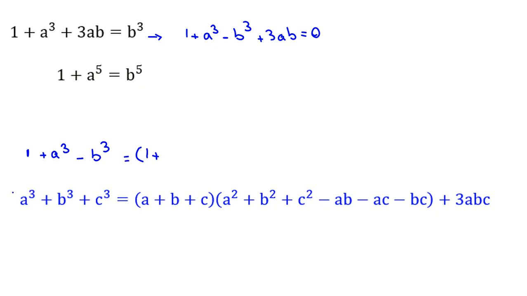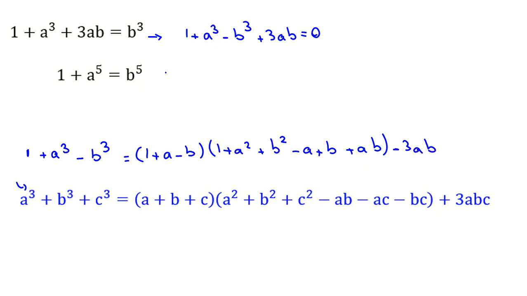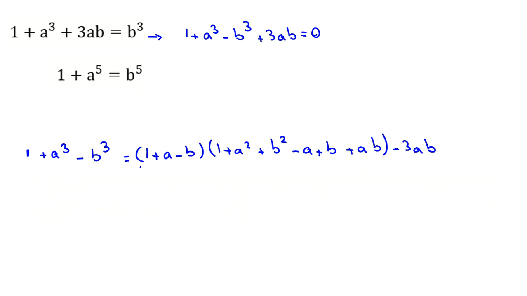So it will be 1 plus, if we use this identity, 1 plus a minus b, 1 plus a squared plus b squared minus a plus b plus ab, plus 3 times 1 times a times negative b, which will be negative 3ab. So here, if we add 3ab to both sides, we will reach this.